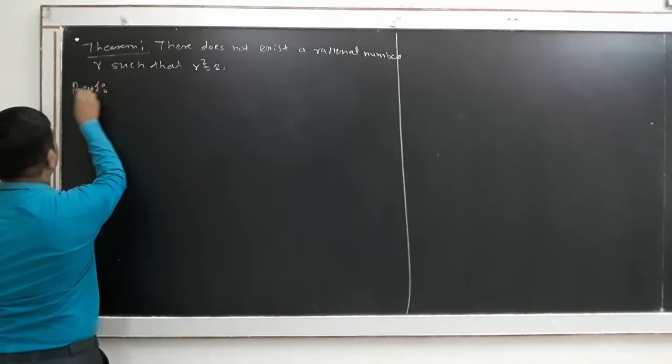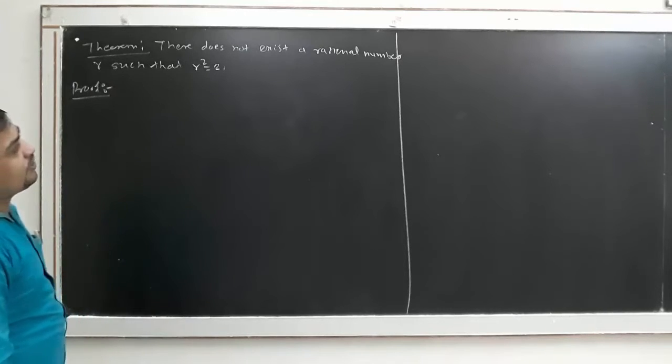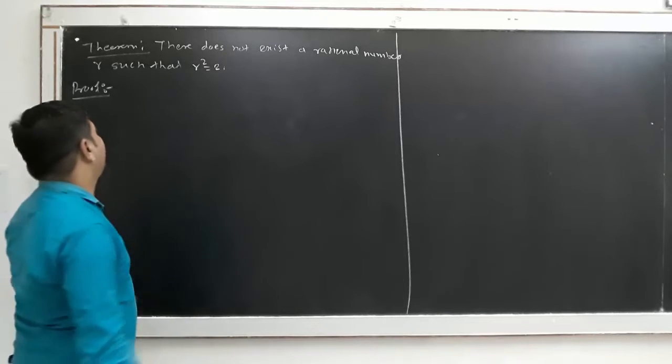So we prove this. We have to prove this by contradiction. That is, we have to assume there exists a rational number with the given property.